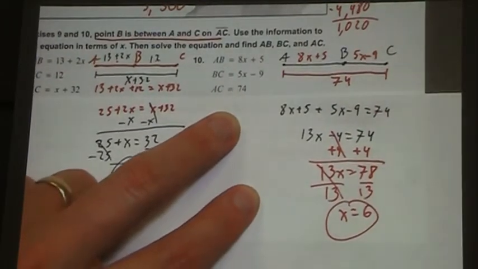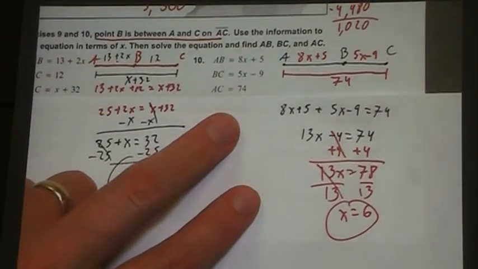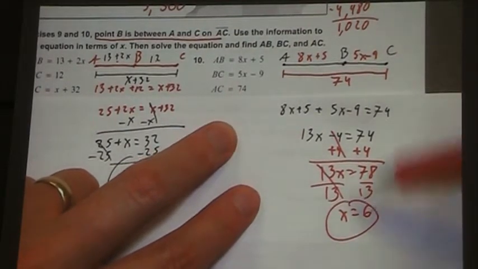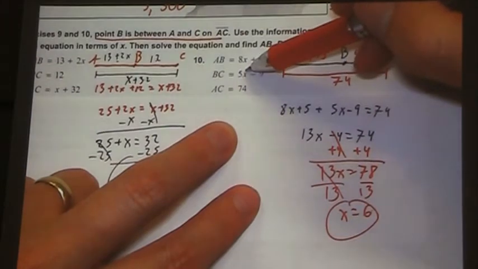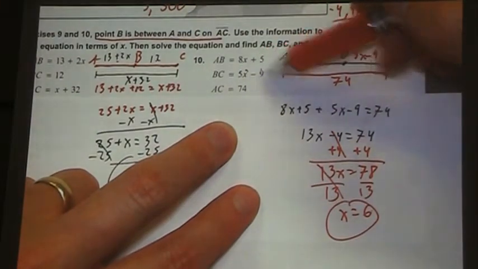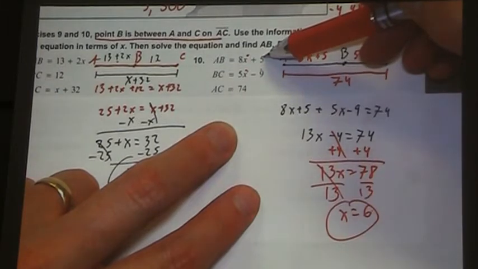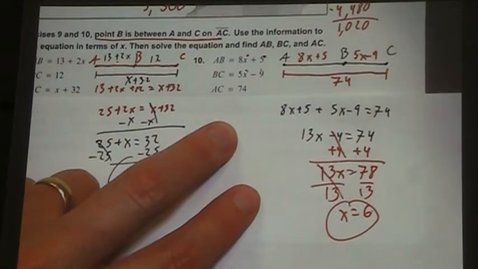Here also, we're not done when we find x equals 6 because the problem has asked us to do a little bit more than that. So we're going to take our 6, plug it in. 5 times 6 is 30, minus 9 is 21. 8 times 6 is 48, plus 5 is 53. And then, of course, you know AC is 74.